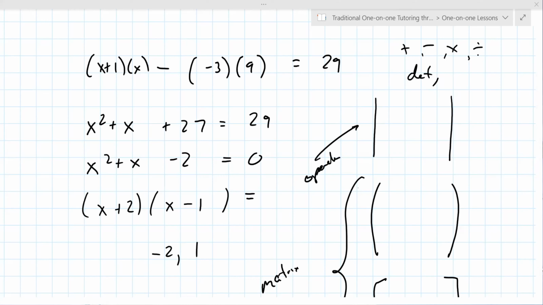So let's go to the next one here. Use a determinant to find the area with the given vertices.